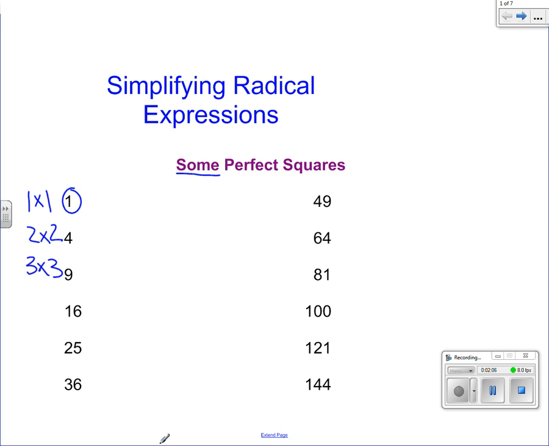Hopefully, these 12 will be enough, and we don't need to worry about going beyond 144. But if we do, it's no big deal. It's going to be a rare occurrence, but I just want to point out it's not like these are the only 12 perfect squares. There are other perfect squares beyond 144. With that said, let's keep rolling.